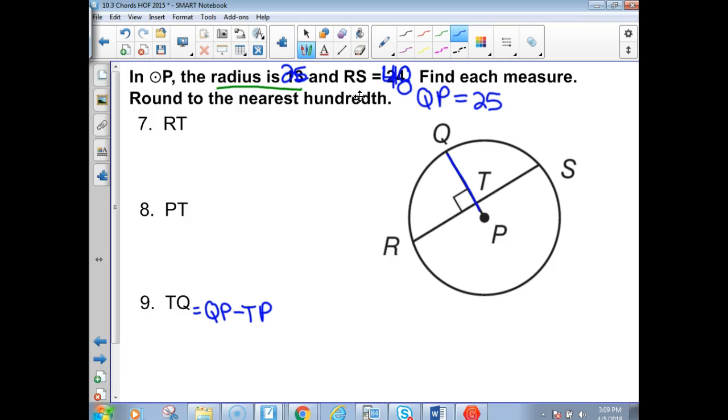The half of 48. Yep. 48 divided by 2 is how we're getting it. My pen is stuck, so just a moment. All right, here we go. 48 divided by 2, and so it's 24. And I'm going to label that above it on the diagram. I would like to find PT, so I'm going to put an X there.